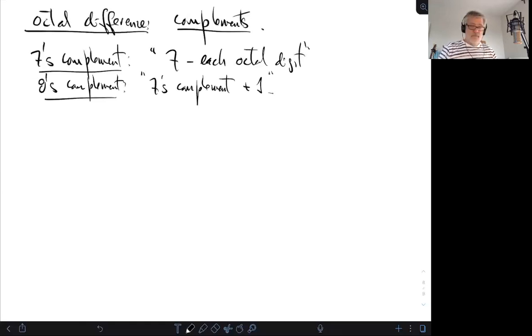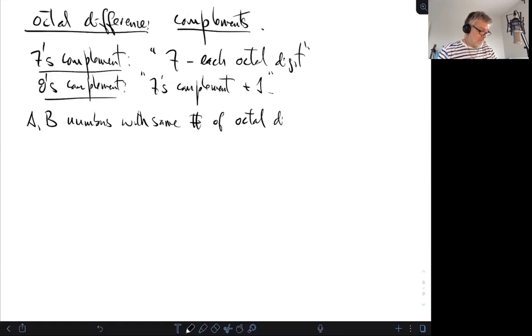Okay. And how do you subtract? If you have A, B numbers with the same number of octal digits, right? So this is always important. If they don't have the same number of digits, you have to pad, okay?